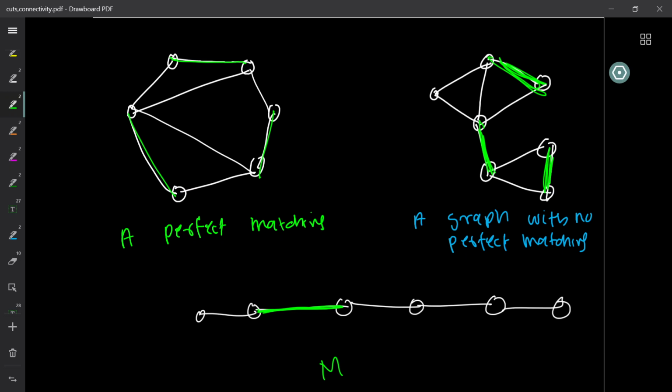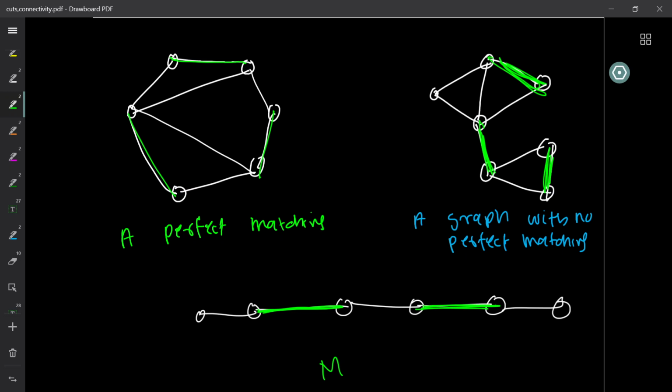So now I can pick either this or any of these two edges. So let me pick this. Now I see that in this graph, I cannot pick any more edges and add them to the matching M. I cannot extend it anymore. I cannot pick any edge which is not in the matching and add it to it. So this is a maximal matching.